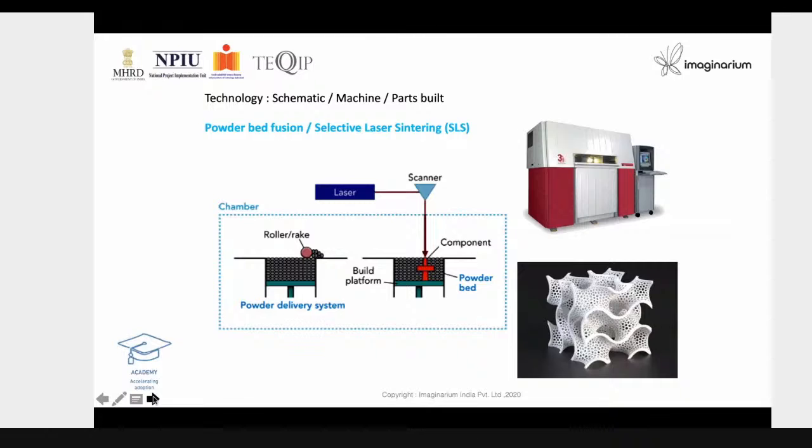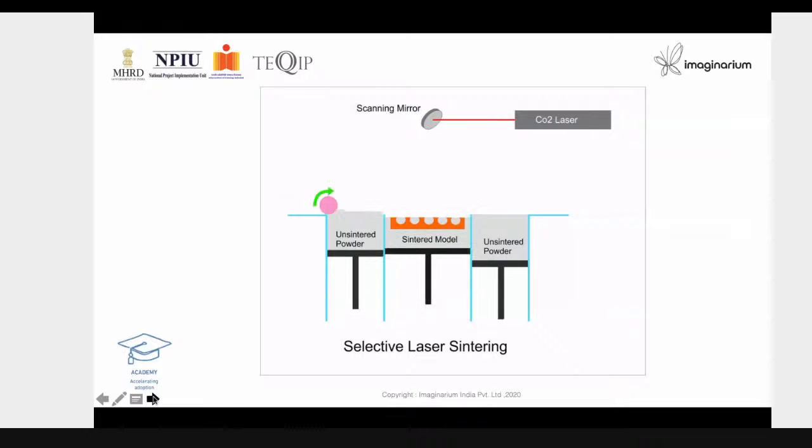Okay, and you can see the large system. Let us understand how it works. So it also works on a laser. Here it is a CO2 laser, and the temperature is much lower, and the energy also is less. And you can see here the powder is sintered instead of liquid. In SLA it was liquid.